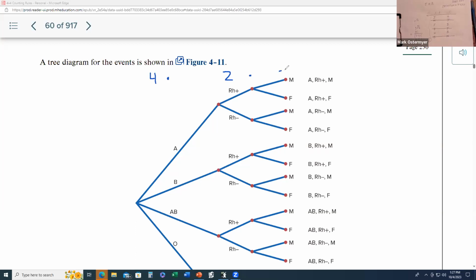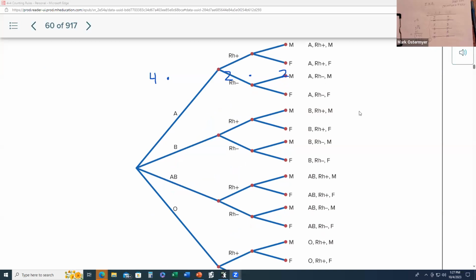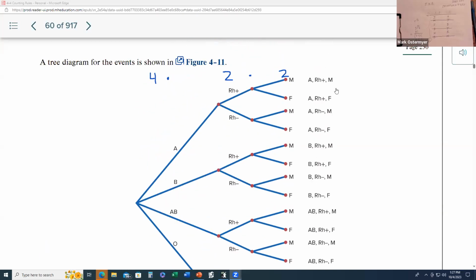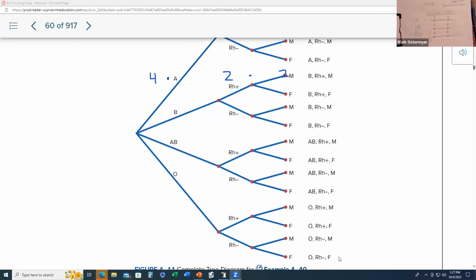Male and female, 2. So how many different ways or arrangements can we have for blood donors? That'd be 4 times 2 times 2 according to the fundamental principle of counting, which is going to give us 16 different ways. Do you agree? 16 different ways of having blood donors here, and they are all enumerated in the rightmost column here, okay?